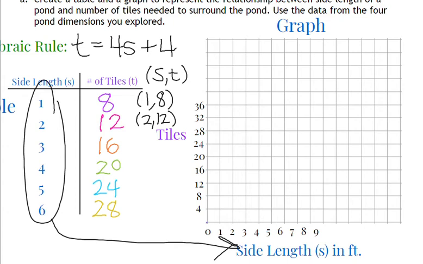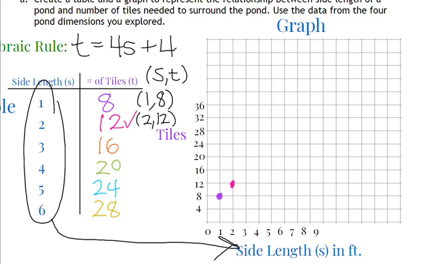So I'm going to start at my lobby, and I'm going to walk to 1 and then ride the elevator up to 8. And that's where I'm going to put my point. The next point's going to go at 2 comma 12. So I'm going to walk to 2 and then ride the elevator up to 12. And that's where my point's going to go.